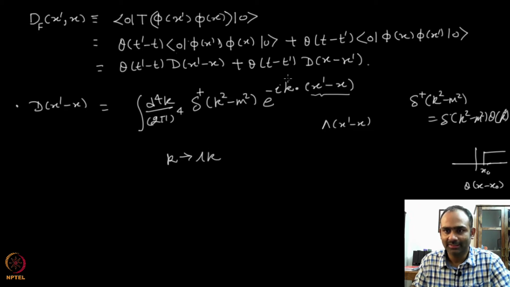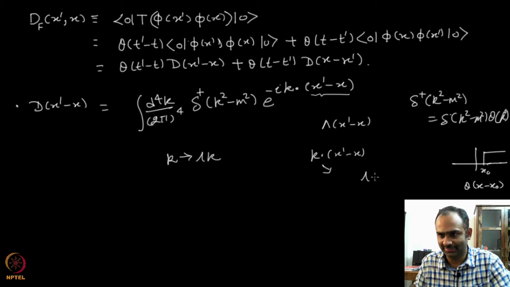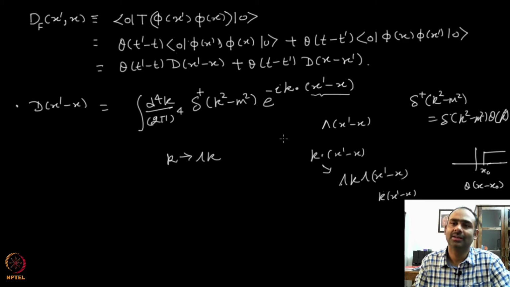Then k dot (x' - x) is a Lorentz invariant object, so it comes out the same. These other pieces are anyway invariant: k^2 remains unchanged when you go from k to lambda k, and d^4k also remains unchanged.